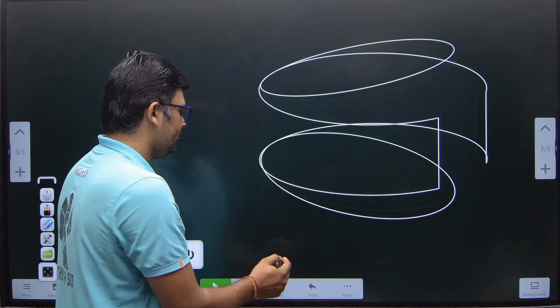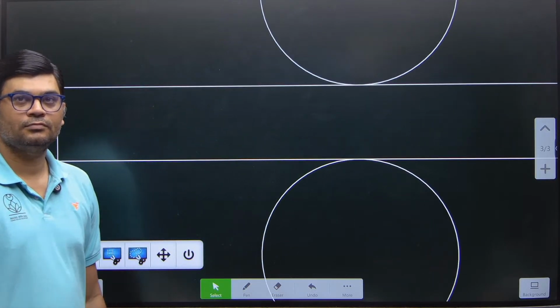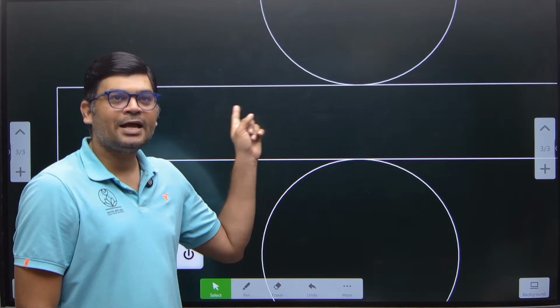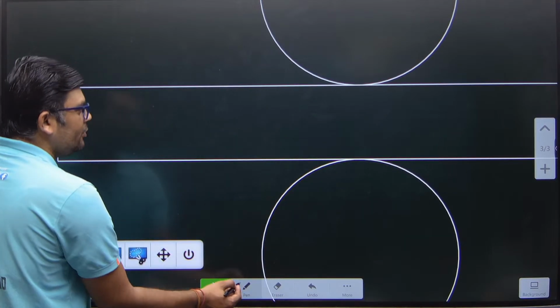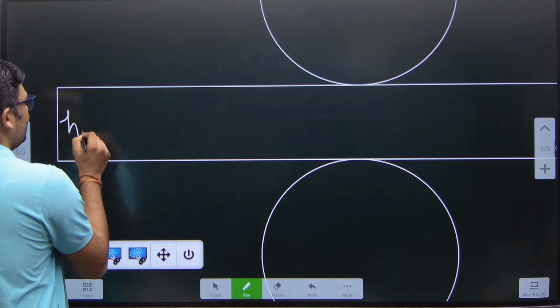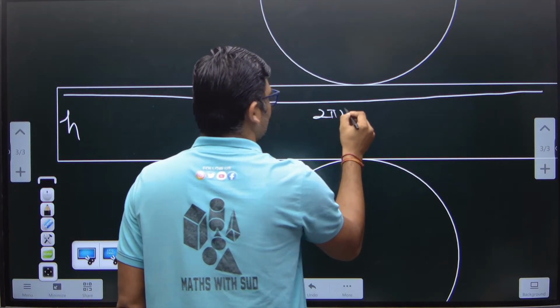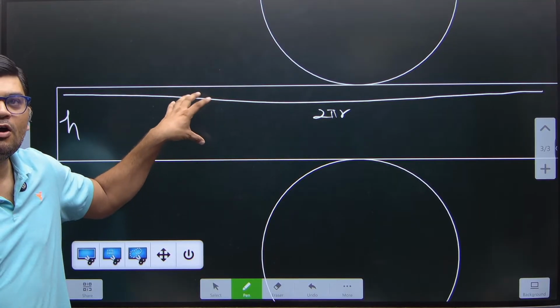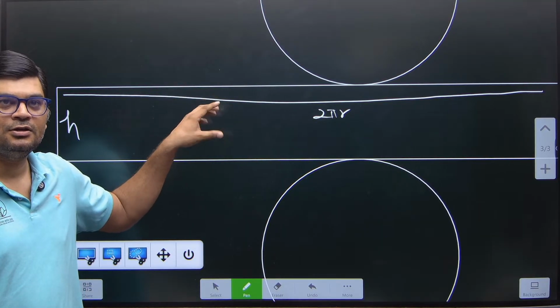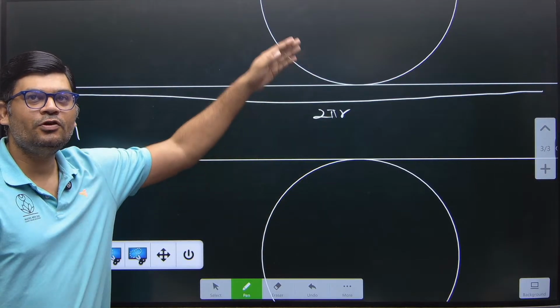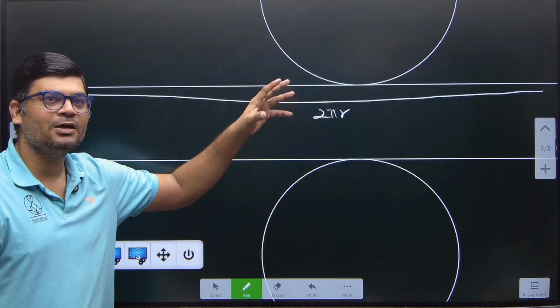The rectangle is length into breadth, so this is height and this is 2 pi r. This portion is the lateral surface area, the sideways. If you include the top and bottom area, it will become the total surface area.